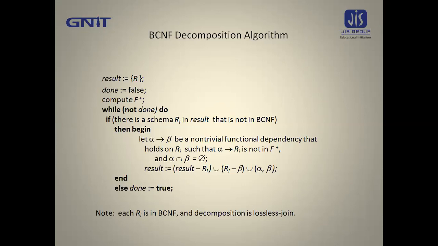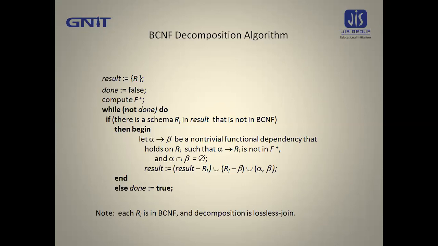Now we compute F plus, that is the set of functional dependencies. Now while not done, do: if there is a schema Ri in result that is not in BCNF, then we begin.